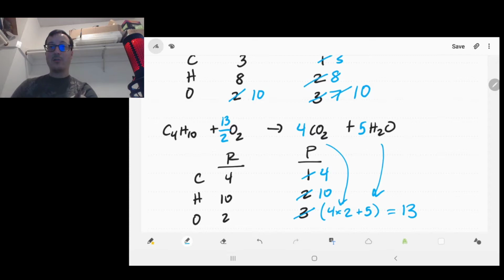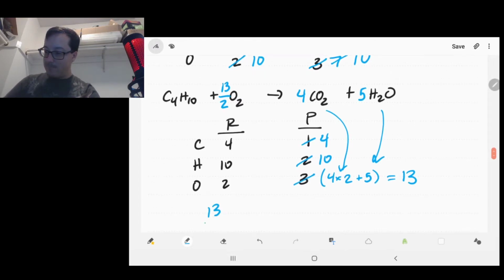That'll get us to 13 oxygen atoms that we need on both sides of the reaction. I'm telling you now, it's the easiest thing to do if you can just put it as a fraction. If you have an odd number of oxygens, and you have O2, just put your odd number of oxygens divided by 2 as your coefficient. And that'll bring us to 13, because 13 over 2 times 2 is 13.